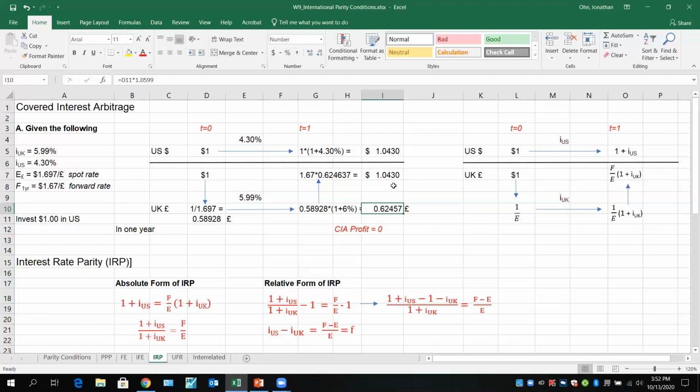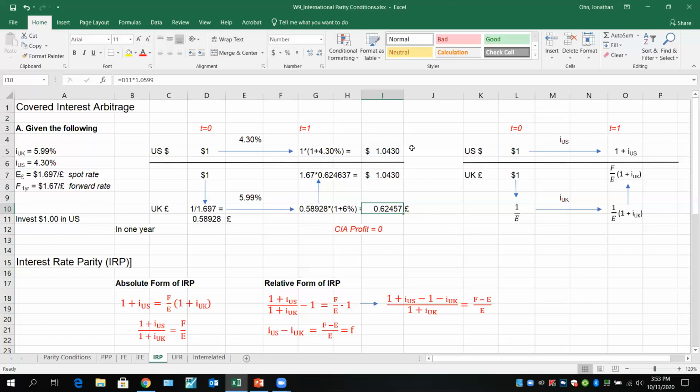Now, if you compare these two, what do you see? The US outcome and the UK outcome are identical. It's the same thing. So in this case, you remember that? Covered interest arbitrage profit is equal to 0, or zero covered interest arbitrage profit. Remember that, right? Okay.